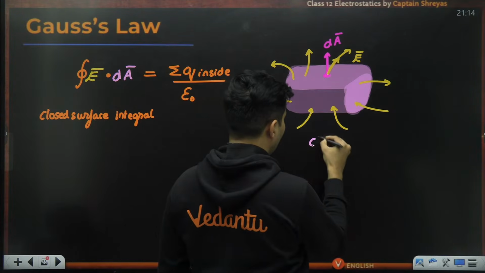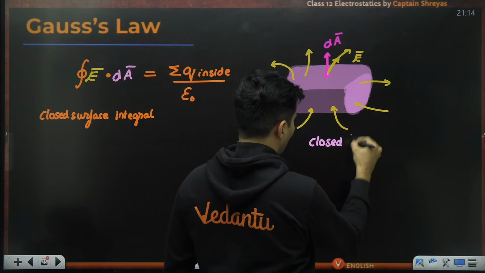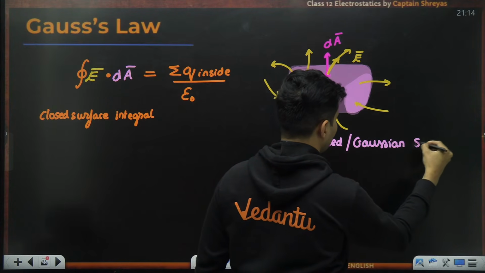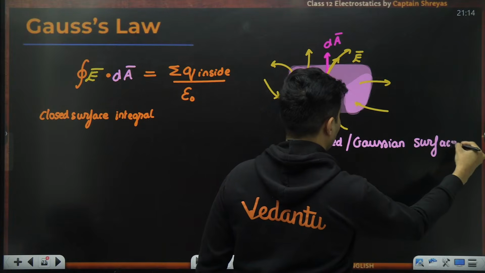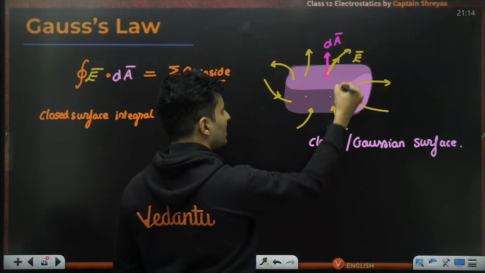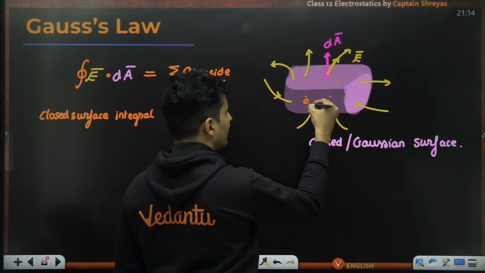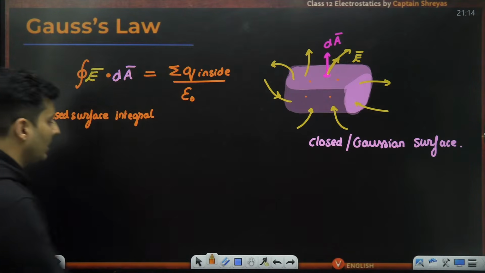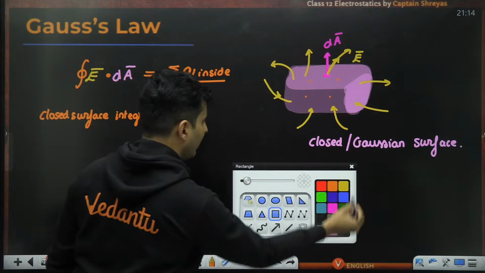So this is our closed, or basically Gaussian, surface. So it only depends on the charges which are present inside, divided by epsilon naught. This is very, very important.